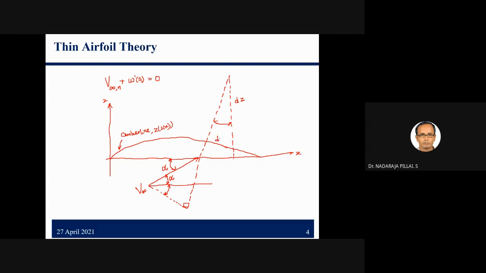We can say this is dx, and the one perpendicular is V infinity comma n, right? So one can write the velocity here can be V infinity comma n, which is perpendicular, and the one which is parallel to x can be considered as dx, right?